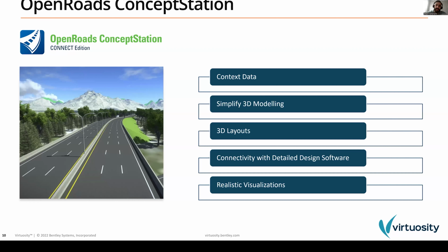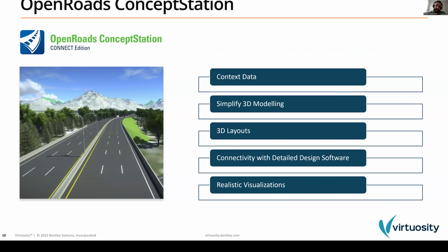This tool will allow us to import context data from a variety of sources, such as point clouds, 3D reality meshes, terrain data, images, and geospatial information to bring real-world settings to your project.